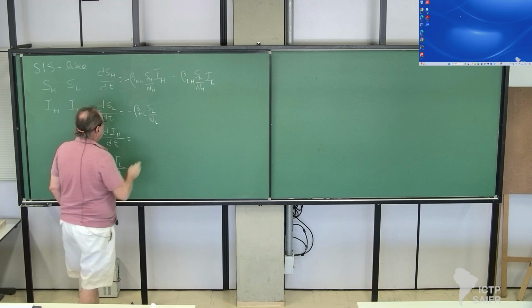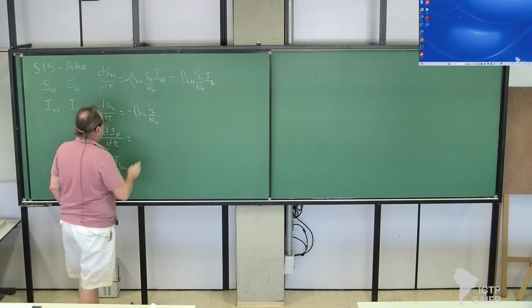Is that okay? So you have two classes. The classes have contacts, and you can have infections of high-risk people due to contacts with high-risk people and low-risk people. It's the same thing. The low-risk people can get infections due to high-risk people and low-risk people.